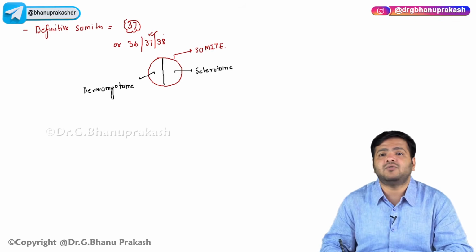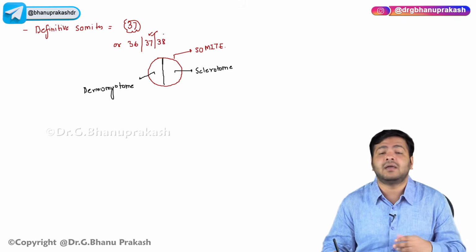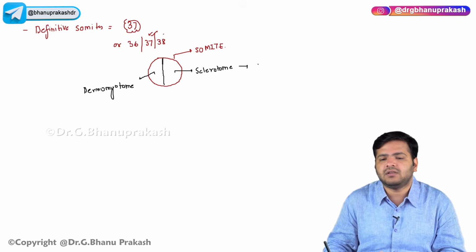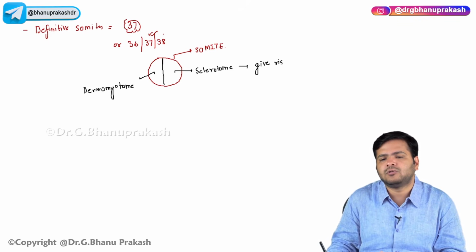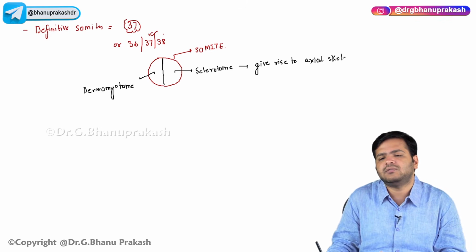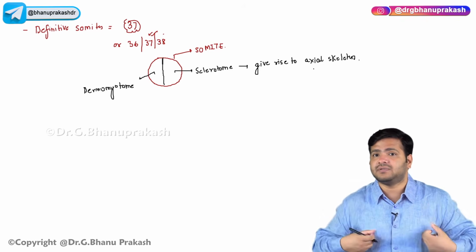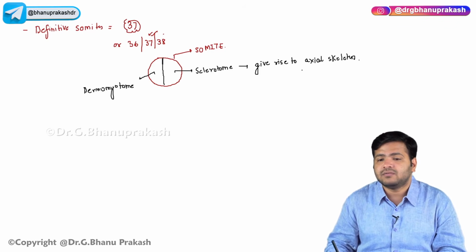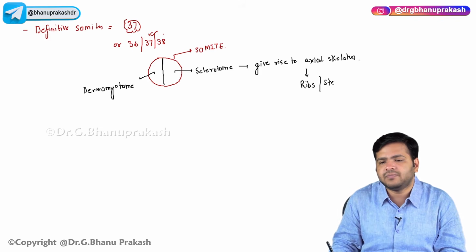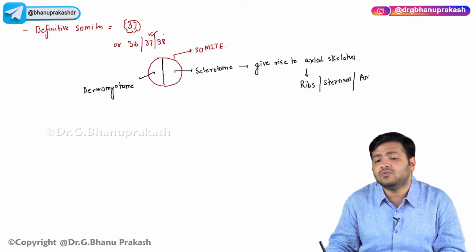Now coming on to the sclerotome first, right? Sclerotome, the name itself tells us, it will give rise to skeleton. But which skeleton? It is the axial skeleton, right? You already know the axial skeleton, which bones do we have? Sternum is included, ribs are included, right? So it will give rise to ribs, sternum, and the bones, and it will also give rise to annulus fibrosus.